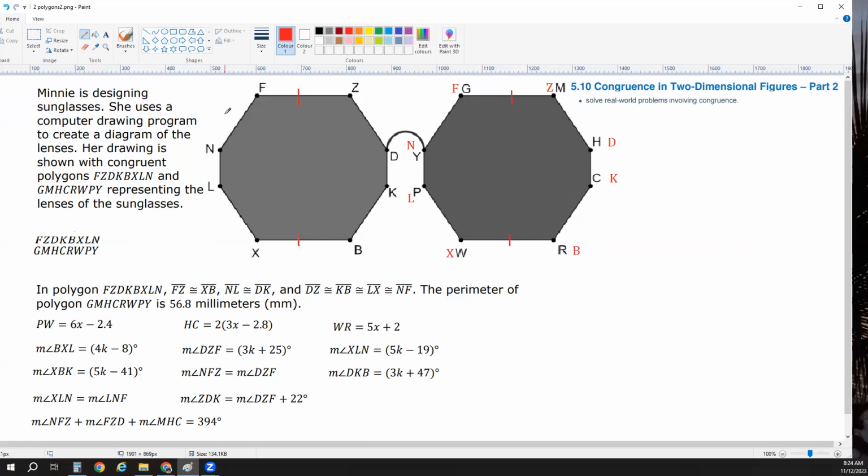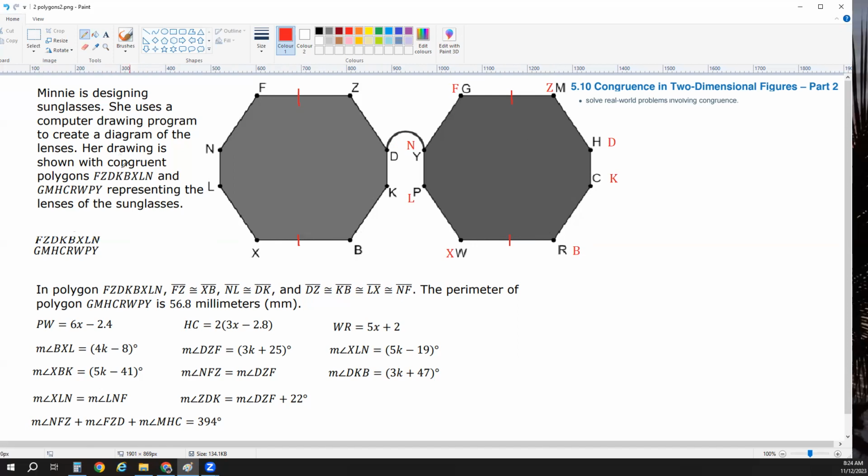Because these are congruent parts of congruent polygons, right? VZ is congruent to GM, and XB is congruent to WR, or BX is congruent to WR, because they're congruent polygons.